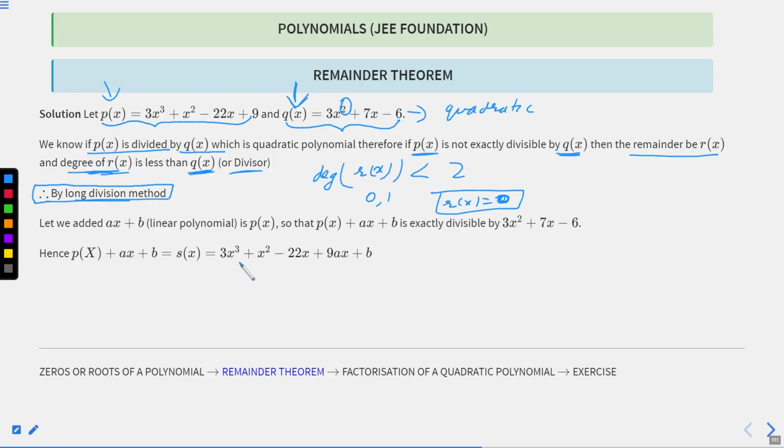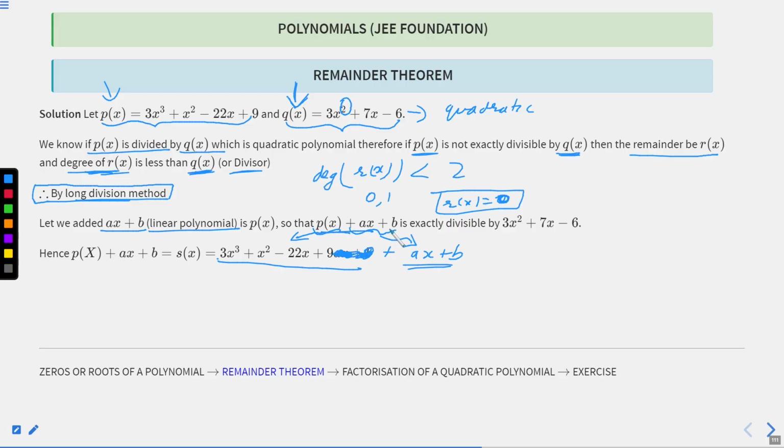So my polynomial is given like this, as you already saw: 3x cube plus x square minus 22x plus 9. Now we are going to add ax plus b, a linear polynomial.